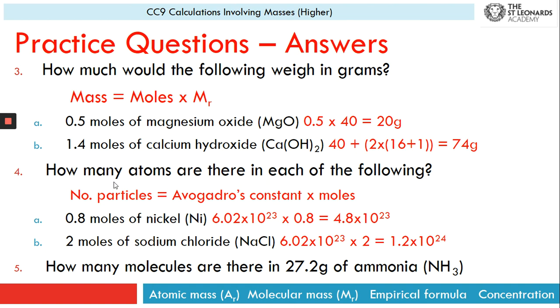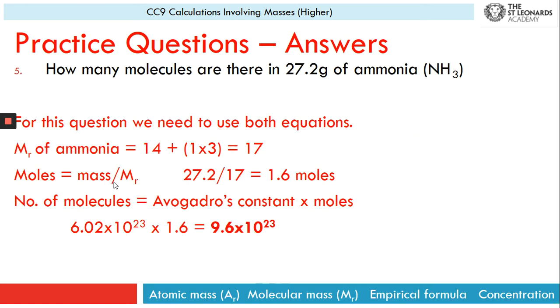Avogadro's constant, which is 6.02 times 10 to the 23, times 0.8, which equals 4.8 times 10 to the 23. Then 2 moles of sodium chloride, 6.02 times 10 to the 23 times 2, which equals 1.2 times 10 to the 24.